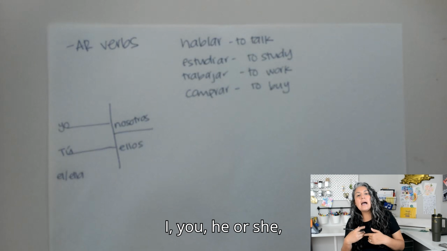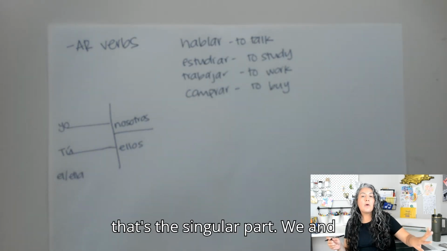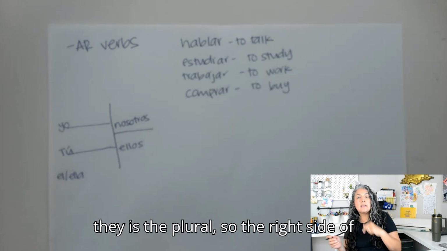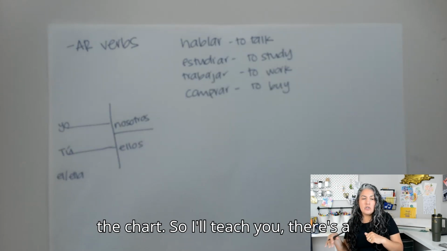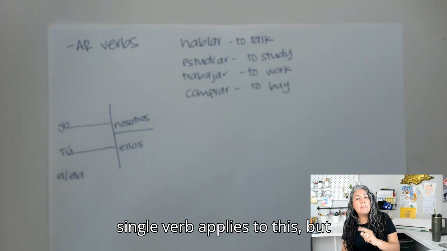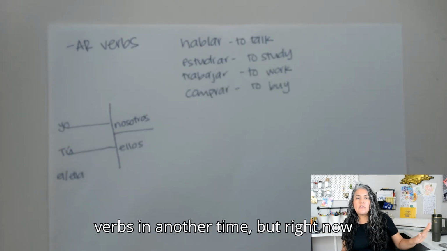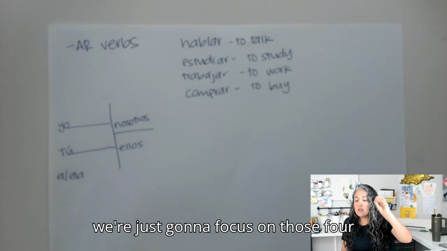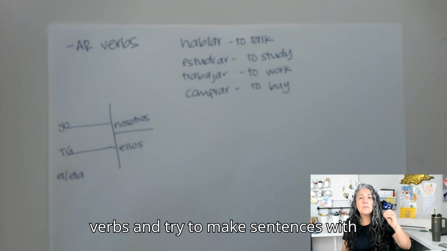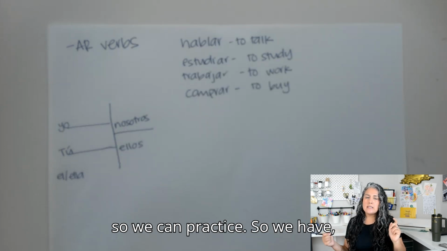So I, you, he or she, that's the singular part. We and they is the plural, so the right side of the chart. So I'll teach you, there's a pattern to this. Not every single verb applies to this, but most of them. We'll talk about irregular verbs another time. But right now we're just going to focus on those 4 verbs and try to make sentences with those 4. So stay at the very end so we can practice.